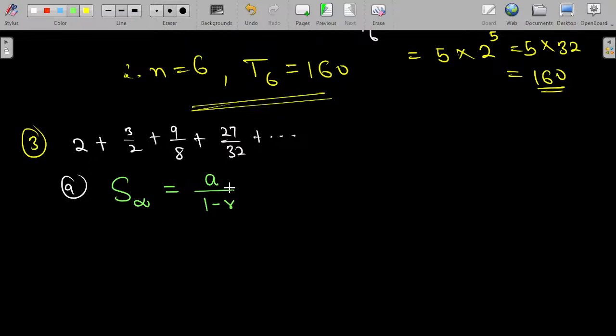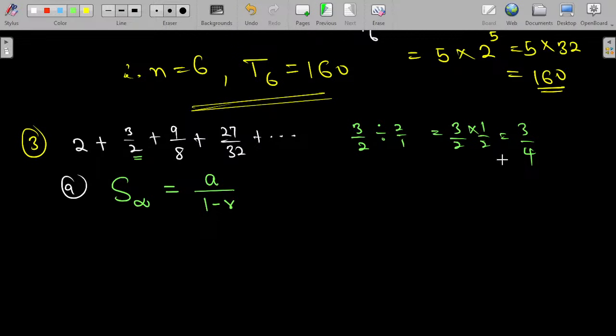So first of all, let's look for our R. How do you get your R from a geometric progression? Just pick a term and divide by the previous term. That's all. So if I pick 3 over 2 and divide by the previous term, which is 2 over 1, that's going to give me 3 over 2 times 1 over 2, which is equal to 3 over 4.